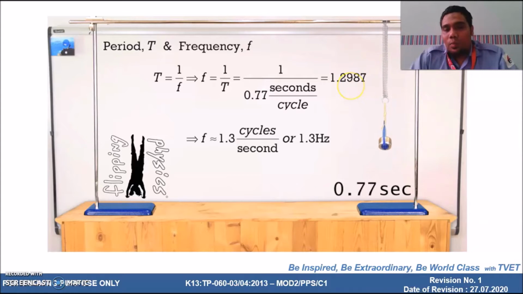Kalau nak dapat period pula, patah balik, 1 over 1.2987 kita dapat 0.77. Itu period lah. So period dalam second, frekuensi dalam Hz. Ini contohnya lah.